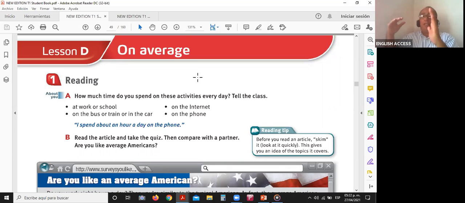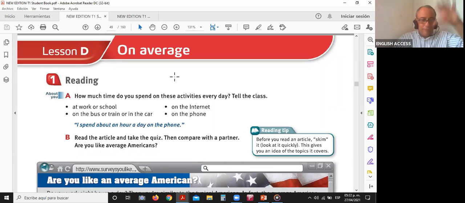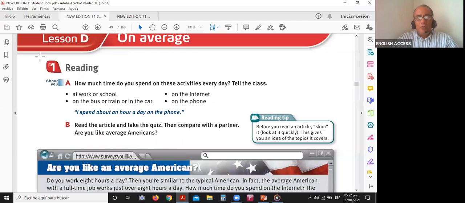AMLO 20%, PRI 2%, PAN 20%. So they make an average of those results. It's just an example.